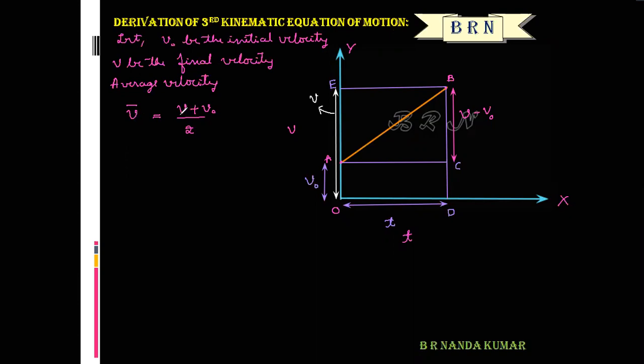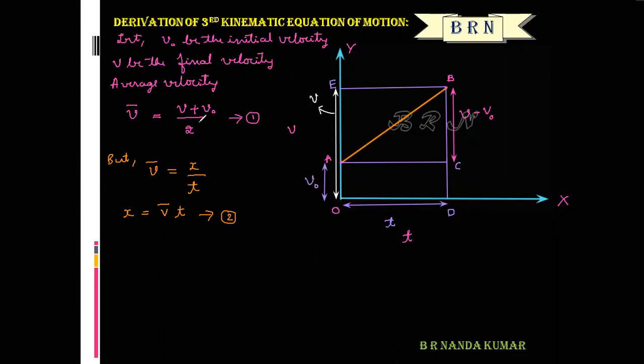The average velocity can also be written as x by t, the displacement of the particle divided by time taken. So x is equal to v bar into t. Call this equation number 2.